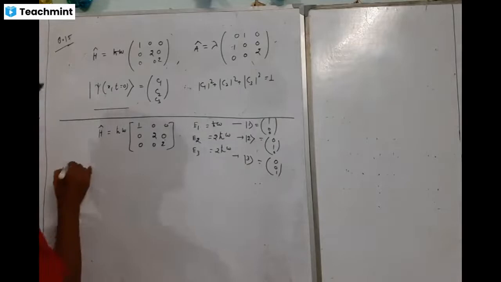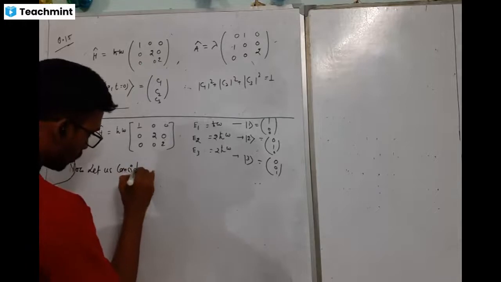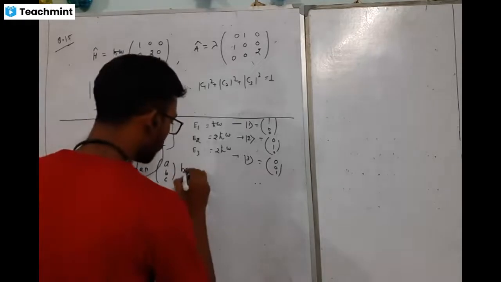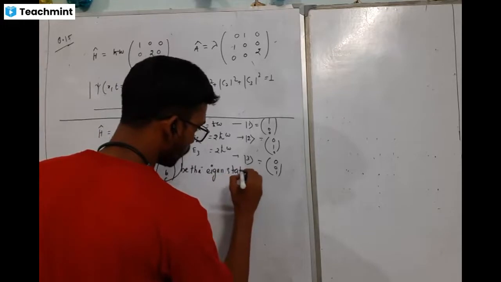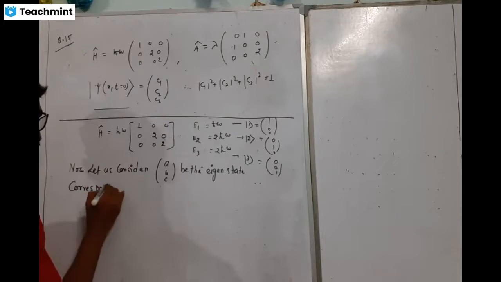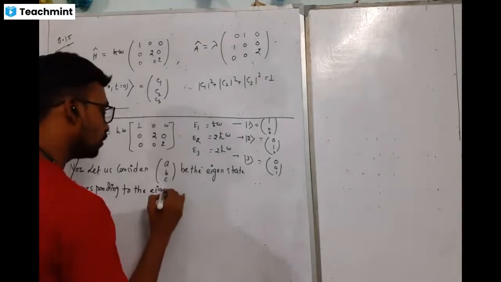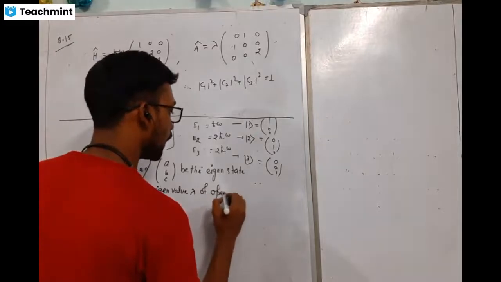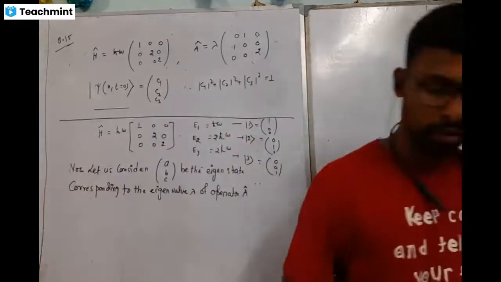So now let us consider A, B, C be the eigenstate corresponding to the eigenvalue lambda of operator A cap.